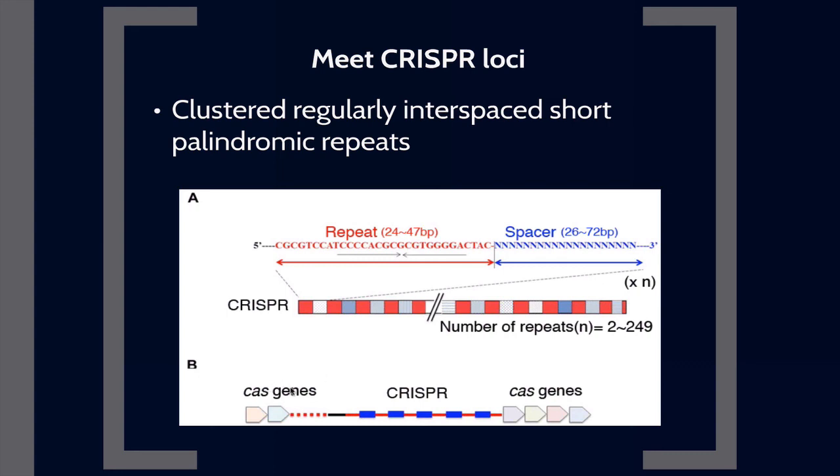Also, a couple of decades later, they started discovering these genes upstream and downstream of the CRISPR loci called Cas genes, so CRISPR-associated genes, that's what Cas stands for. Most bacteria have lots of different Cas genes, and there's not a lot of homology from one bacterial species to the next, even in closely related species of bacteria.